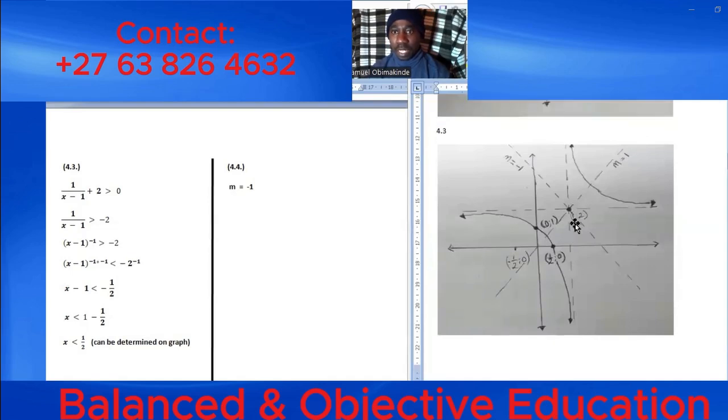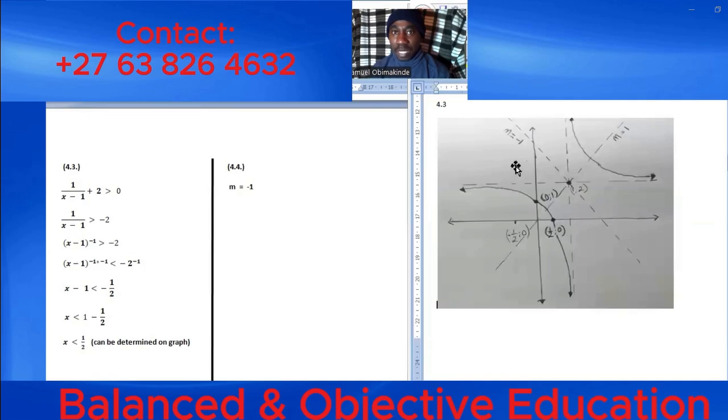Two important things that you need to know about the axis of symmetry is that for the negative axis of symmetry, that is the one that runs from the top left to bottom right, the gradient is always -1. It does not change. The gradient is -1 no matter the scenario you are considering.